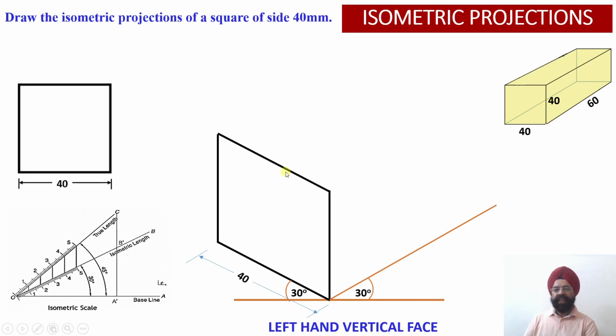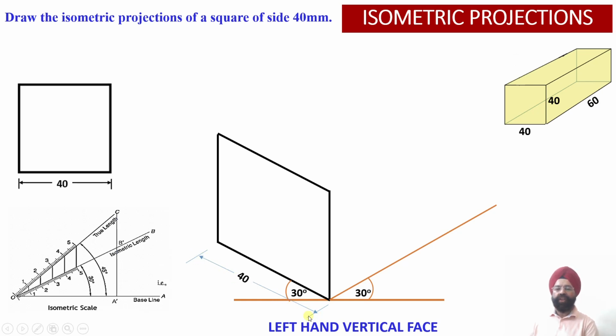So you can see this isometric line, or the edge of the face of this particular prism, is drawn parallel to the edge which is lying on the isometric axis, that is the X axis. Similarly, this edge has been drawn parallel to this edge which is lying on the isometric axis. So all the four edges are equal to 40 millimeter. You see, we have marked 40 millimeter over there.